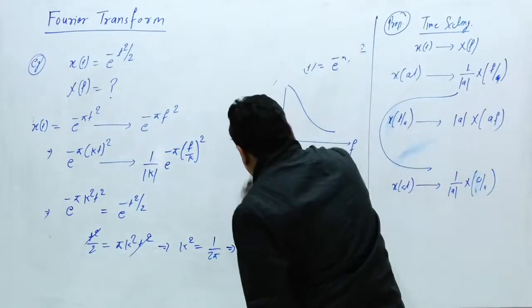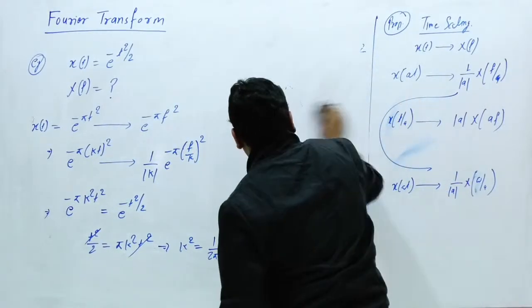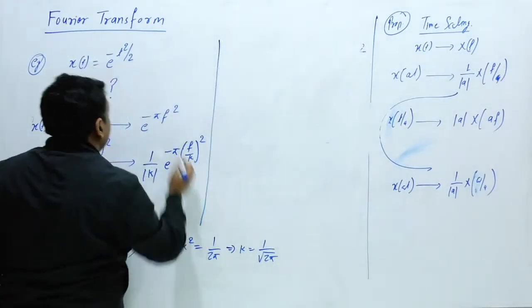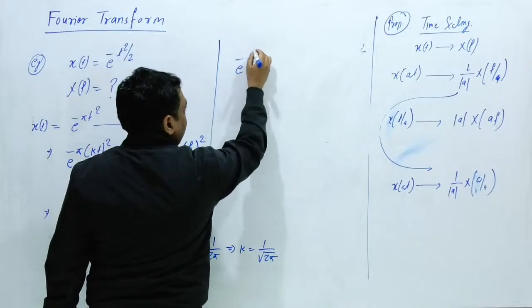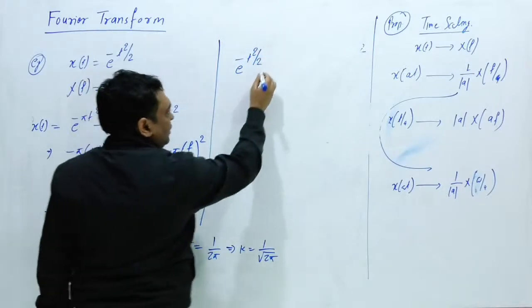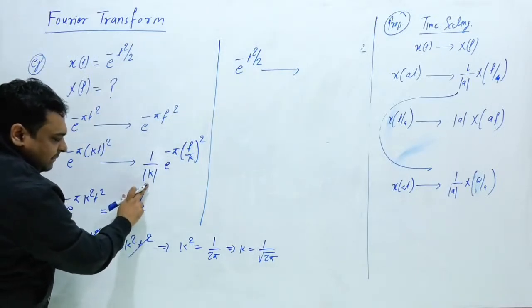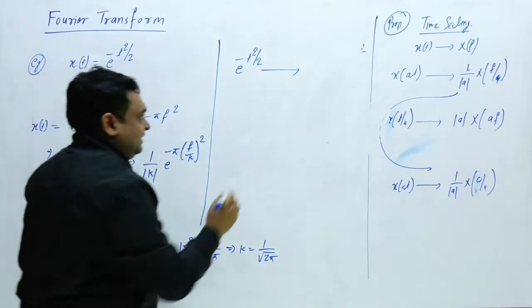So what will be the answer? For e raised to power minus t square by 2, what Fourier transform will you get? K is nothing but 1 upon 2 pi, so 2 pi you will get here.